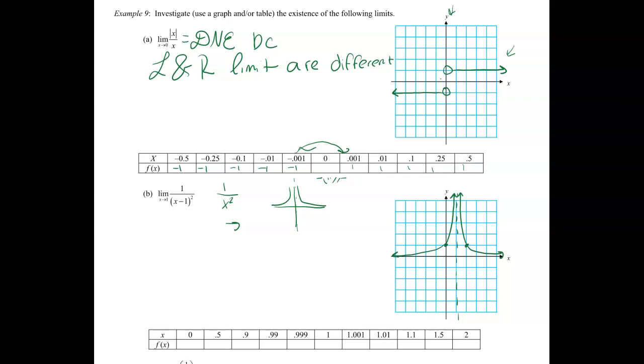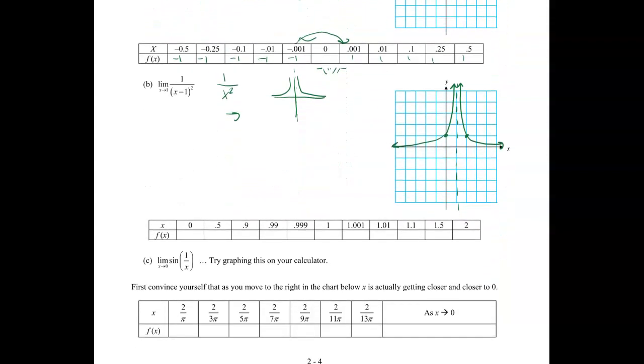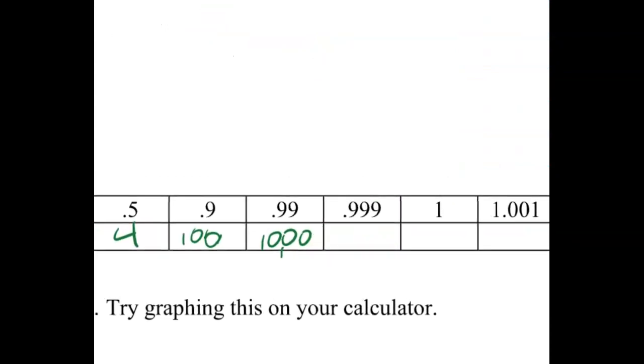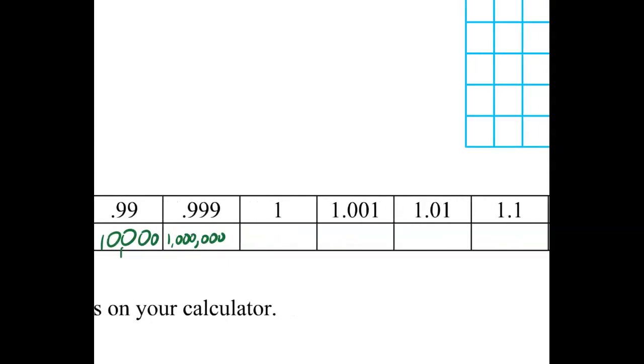If I wanted to t-chart very closely, I definitely can. T-charting this out, when I type in 0, I get 1, then 4, 100, 10,000, 1 million. So many zeros, so little space. I don't know what it is at 1.